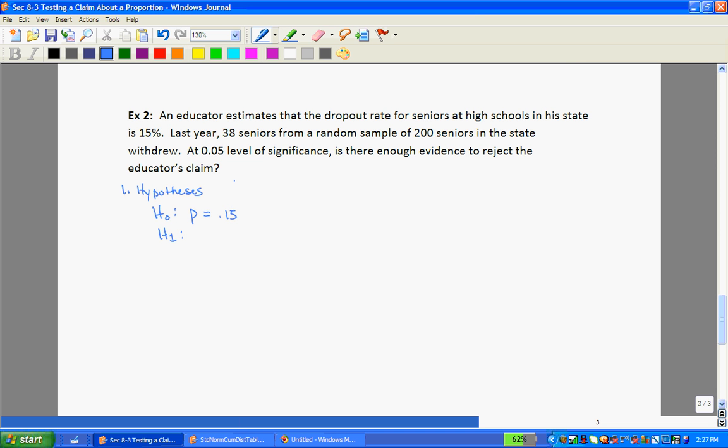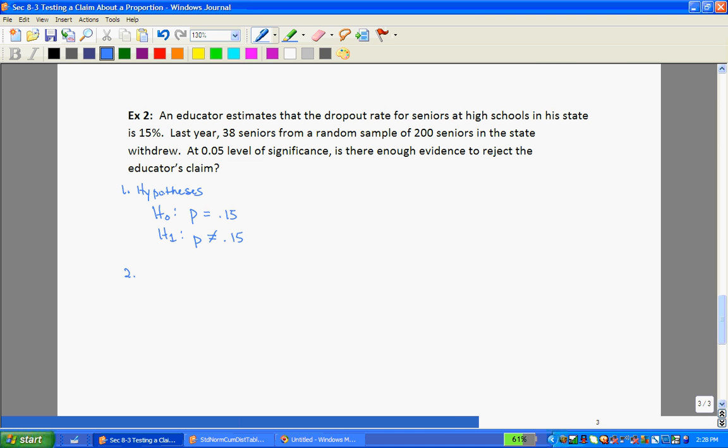And in our question, we're saying, is there enough evidence to reject the educator's claim, meaning we just don't think that it's 15%. Now, there's no indication that it's more than 15% or that it's less than 15%. So this is when we would say p is not equal to 0.15.